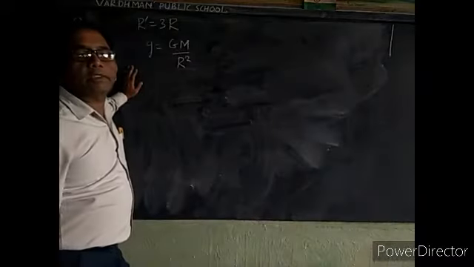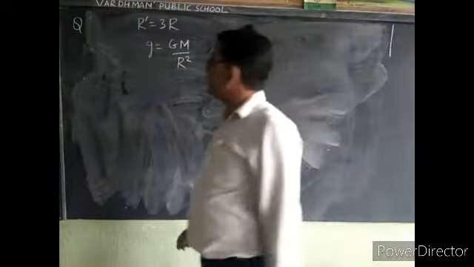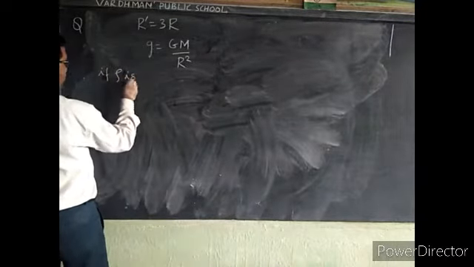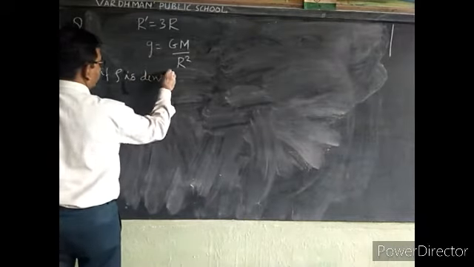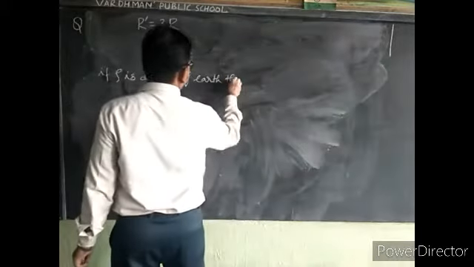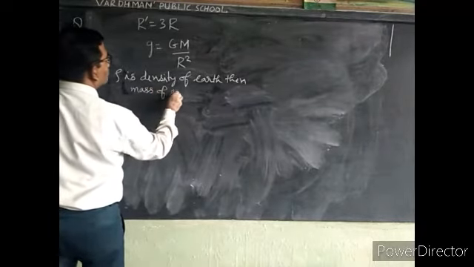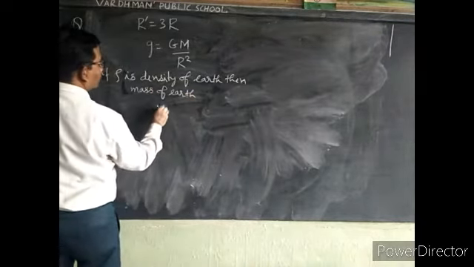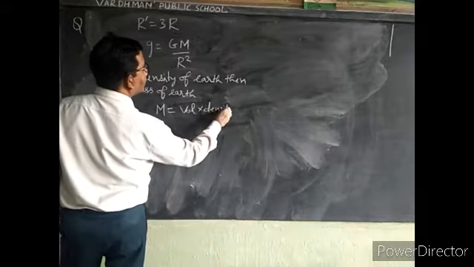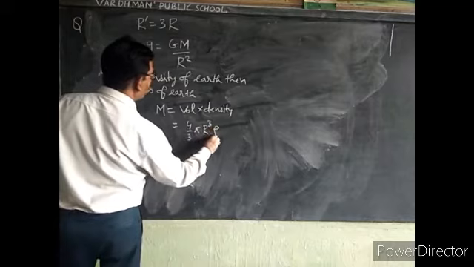Now if rho is the density of the earth, then the mass of the earth is equal to volume into density, that is 4/3 pi r cube rho.